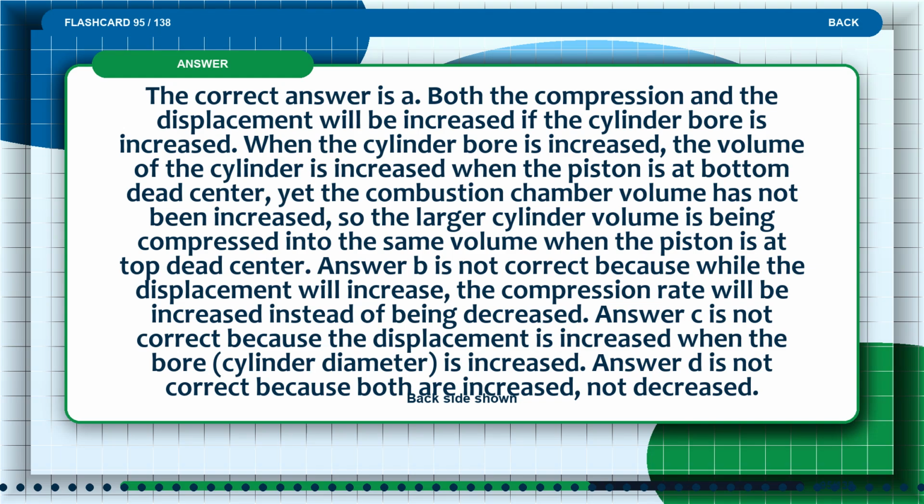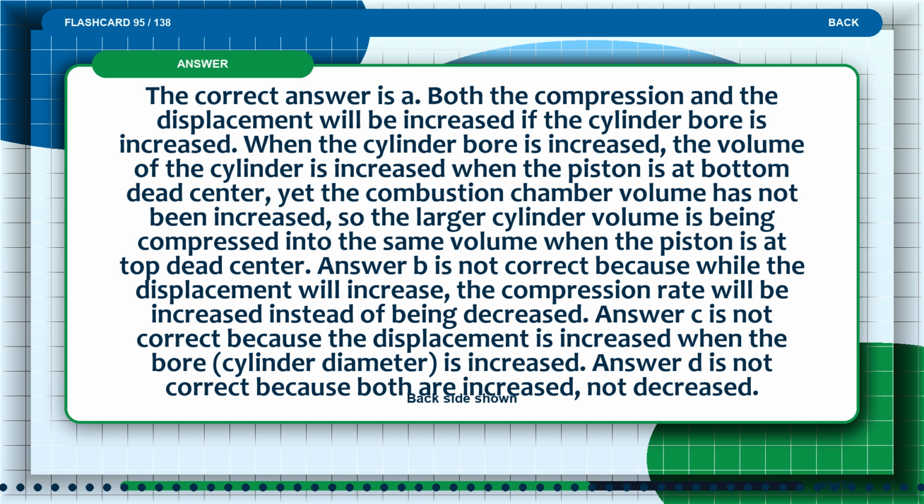The correct answer is A. Both the compression and the displacement will be increased if the cylinder bore is increased. When the cylinder bore is increased, the volume of the cylinder is increased when the piston is at bottom dead center, yet the combustion chamber volume has not been increased, so the larger cylinder volume is being compressed into the same volume when the piston is at top dead center.